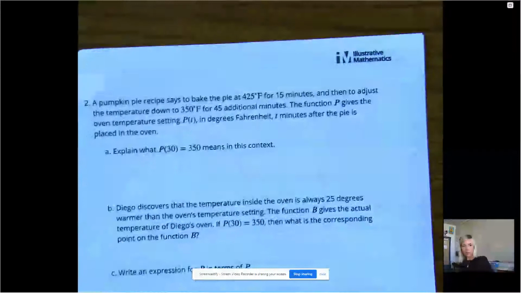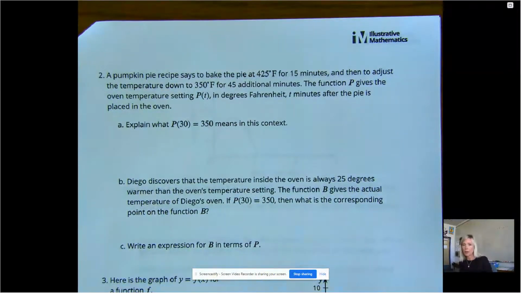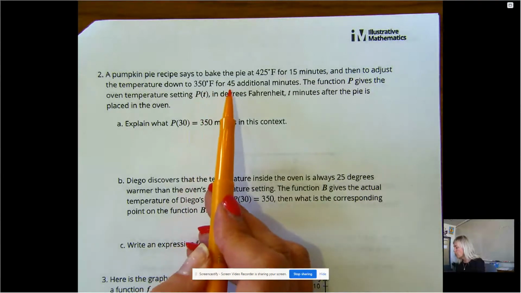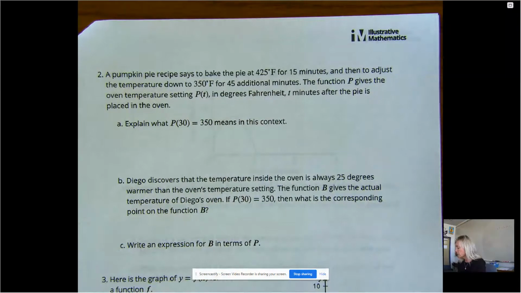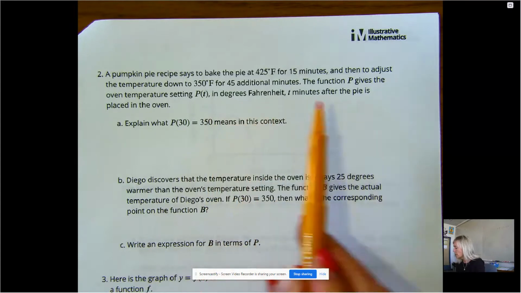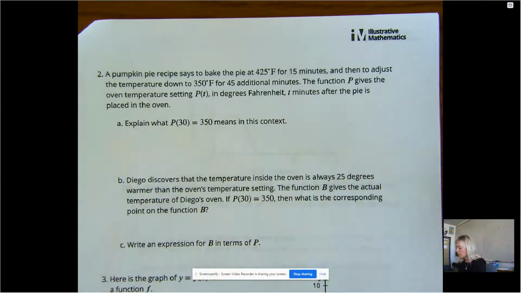All right, let's look at number 2. It's a story problem about baking a pie. It says a pumpkin pie recipe says to bake the pie at 425 degrees for 15 minutes, and then to adjust the temperature down to 350 degrees for 45 additional minutes. The function P gives the oven temperature setting, P of t, in degrees Fahrenheit, t minutes after the pie is placed in the oven. So explain what P of 30 equals 350 means in this context.